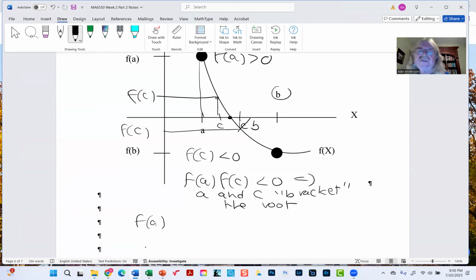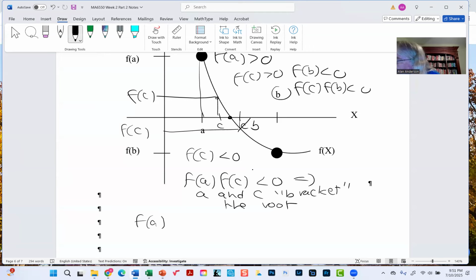So now the new f of C has the opposite sign of f of B. Okay, so the new f of C is positive, f of B is negative. Their product is negative.